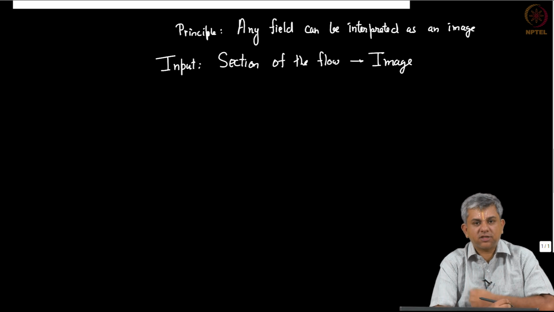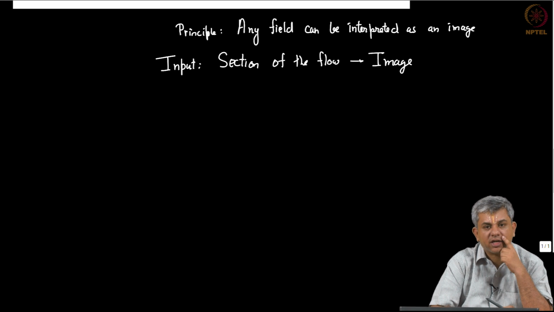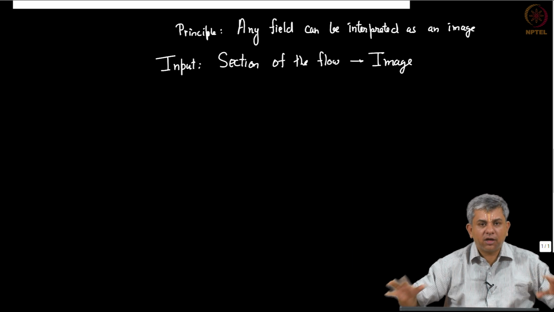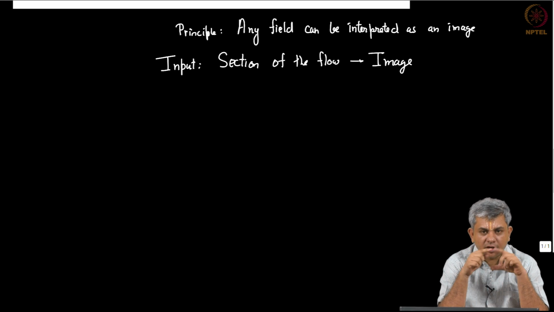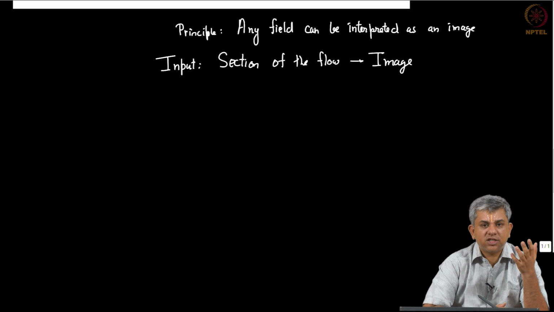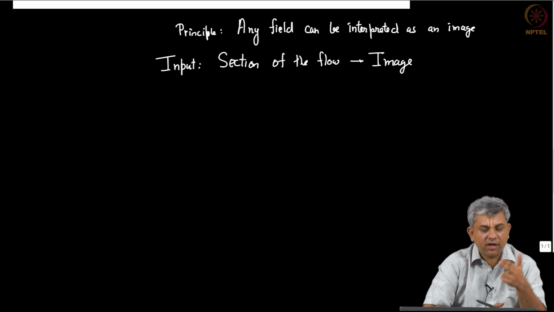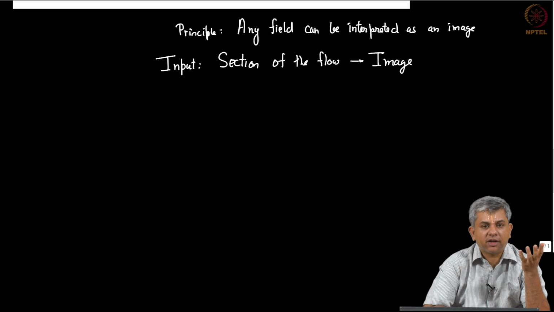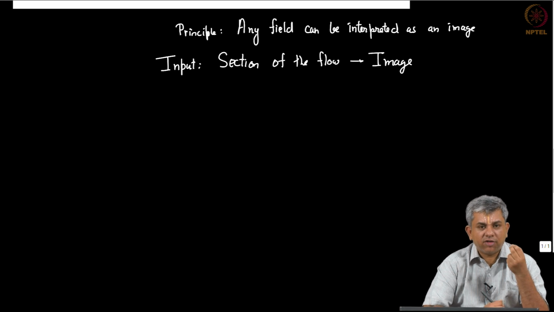You will see the size of the image later on when I show you the architecture. They took one section of the whole flow. The flow can actually be quite big. There is one portion that you are interested in, you just cut that out and take that as an image. Now, this idea of course is very general. I will show you another iteration of this idea when we discuss problem 3, but interpreting a field as an image is actually a very straightforward one.